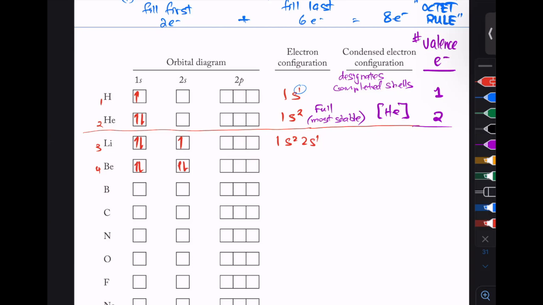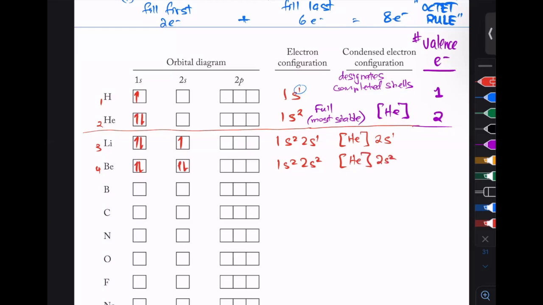If I want to show the condensed electron configuration for lithium, it would be the helium core and then 2s1. Okay. For beryllium, this would be 1s2, 2s2, and the condensed form would be the helium core and 2s2.